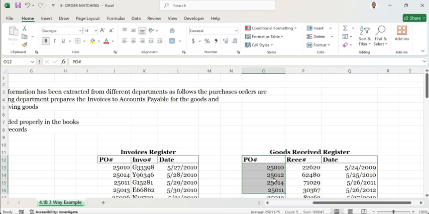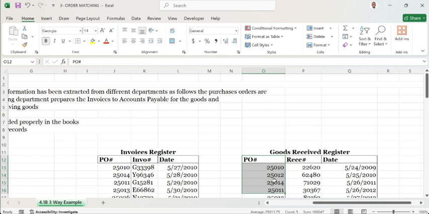So for you to make the payment, you have to confirm that the invoice given matches the purchase order number that you issued.